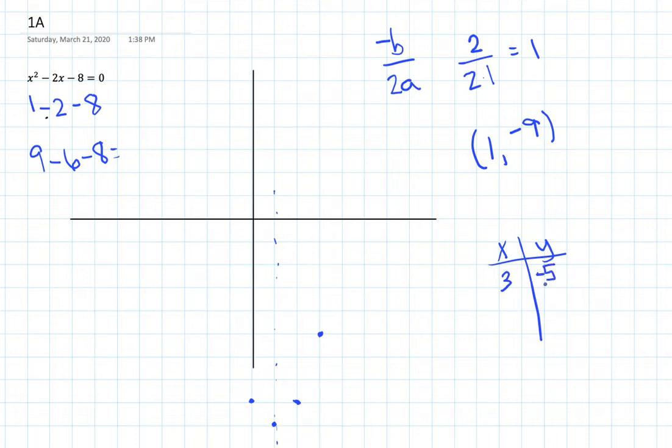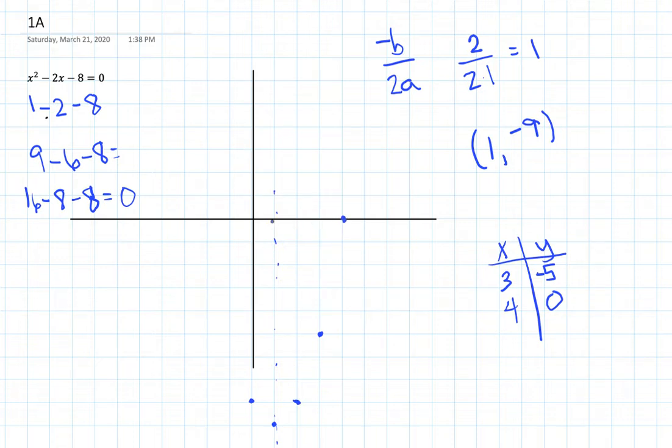Let's try a 4. If I put a 4 in, 4 squared is 16, minus 2 times 4 is 8, minus 8. Oh, look at that, that's 0. So 1, 2, 3, 4, 0. It crosses right there. Now be careful when you plot the other one. Make sure you're using the axis of symmetry and not the y-axis.